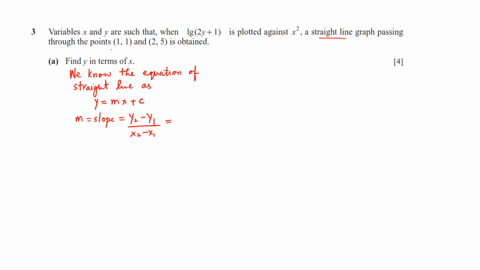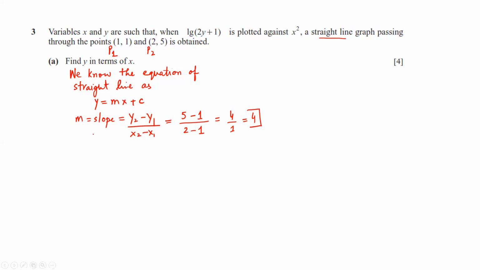So let's say this is my point 1 and this is my point 2. So y2, 5 minus y1, 1, over 2 minus 1. It comes out to be 4 by 1. The gradient becomes equal to 4. So this is my gradient.